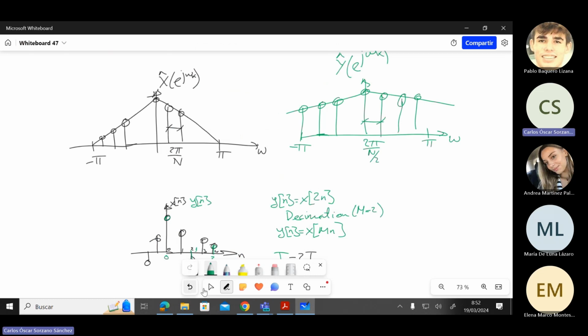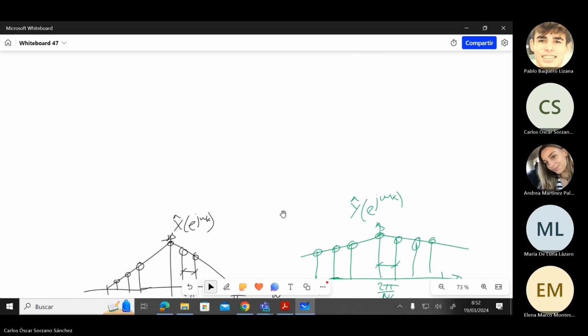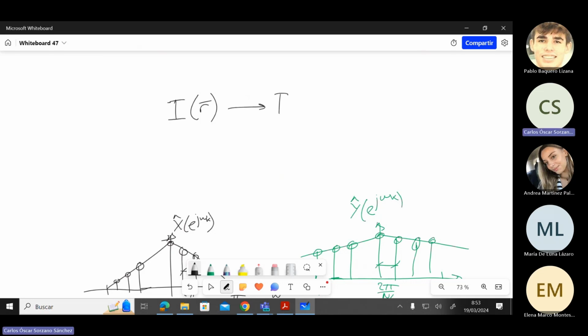Actually, this is a particular case of a more general relationship. That is this one. So let's say that we have an image I. We have a Fourier transform. Now, you have a new image that is I of Ax, and this A is a matrix. Okay, so you are transforming this one.